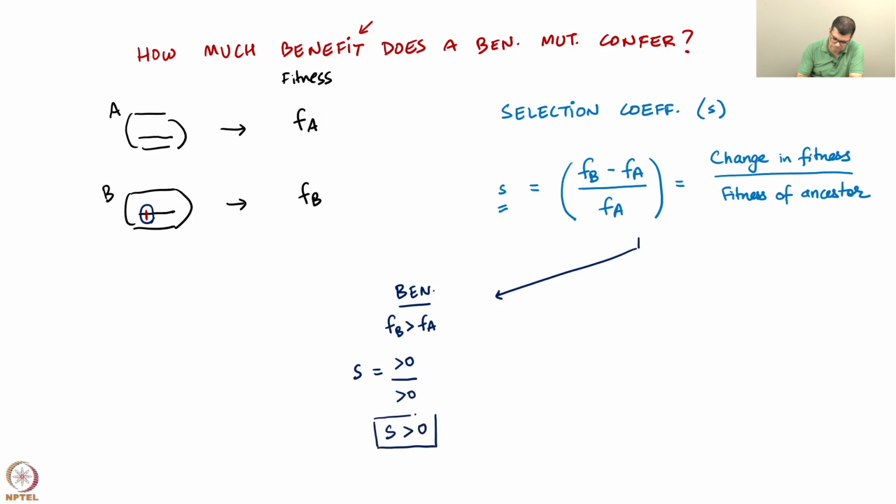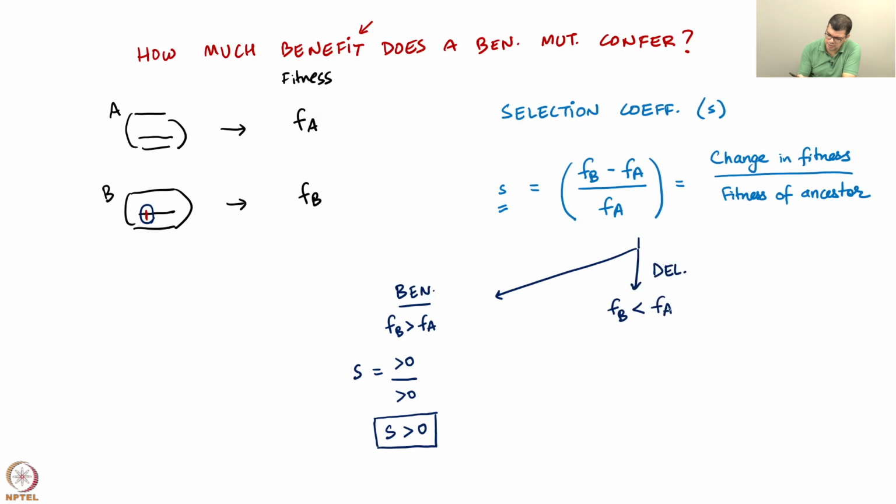Again, something to keep a notice of, this is extremely important: the selection coefficient associated with all beneficial mutations is greater than 0. On the other hand, if this mutation was a deleterious mutation, then Fb by definition is less than Fa.